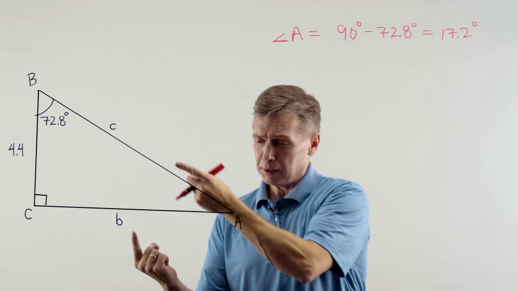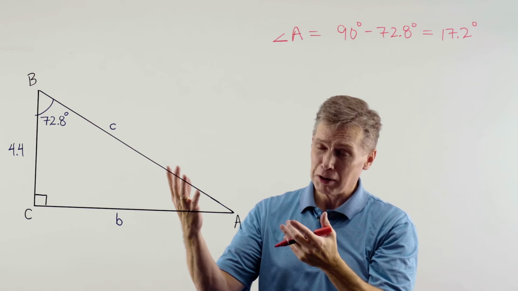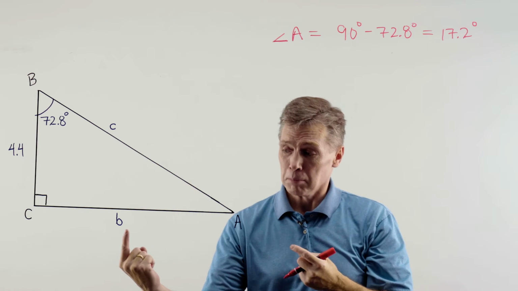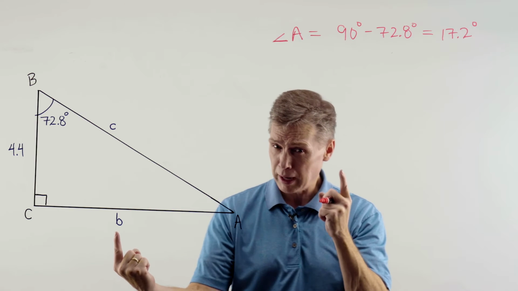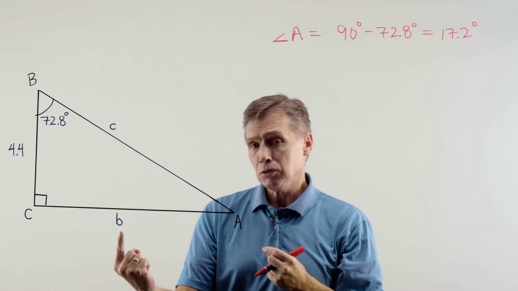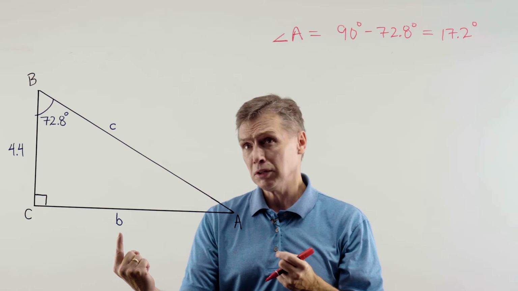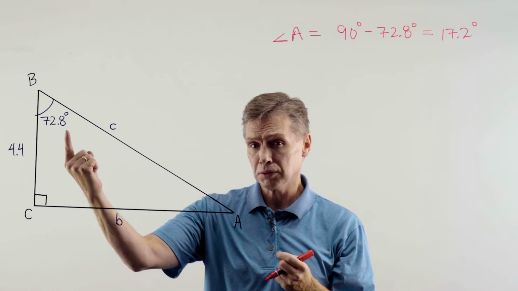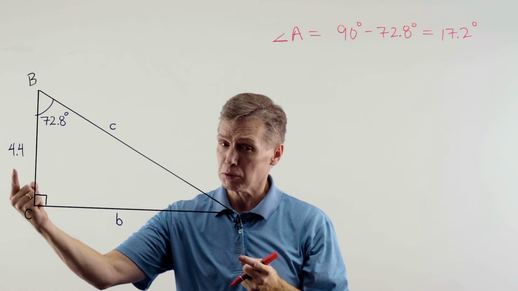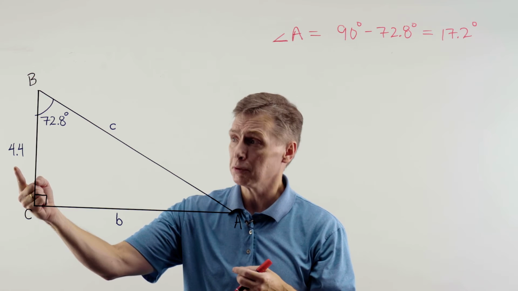You can pick either side that you want, B or C. I guess I'll go in alphabetical order. It doesn't matter. But if I'm going to try to find B, what I have to realize is I want to use the information that they gave me, for instance, the 72.8 degrees and also the 4.4 units, whatever the units are.